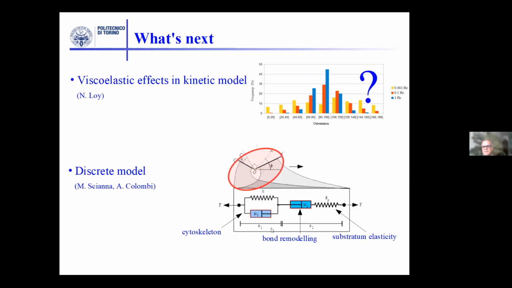Okay, so that's it. So what is open now, and we are trying to address this problem. The first thing is to address very closely the fact that we don't have an elastic model, we have a viscoelastic model, and so we would like to introduce that into the kinetic model, and to explain this graph by Mao.